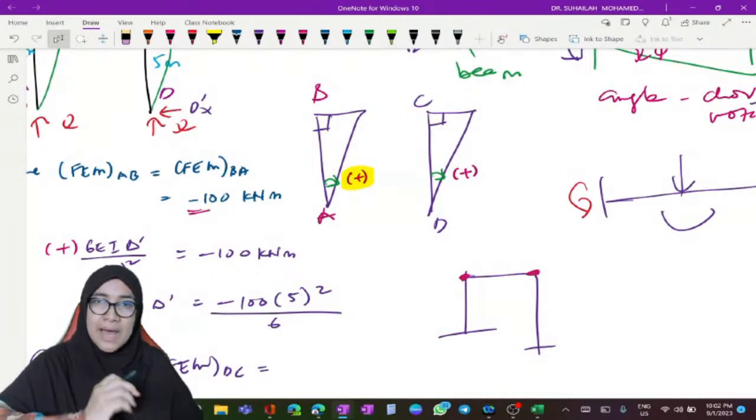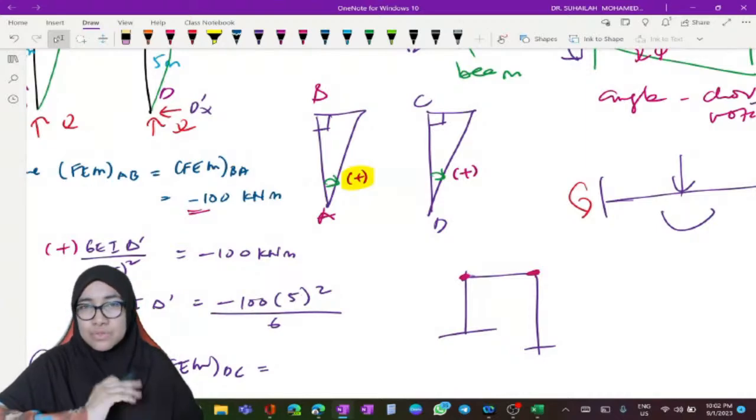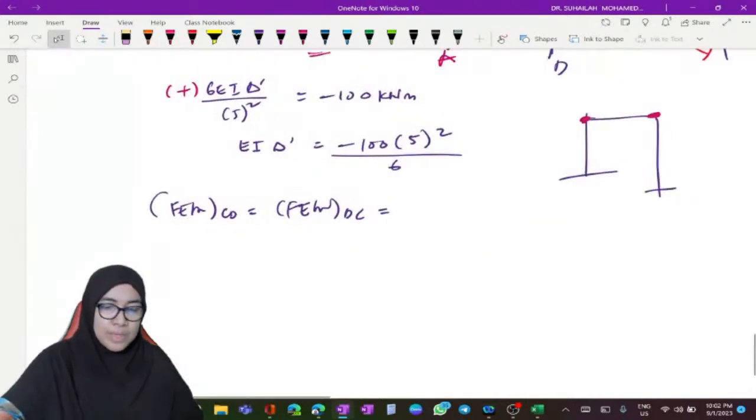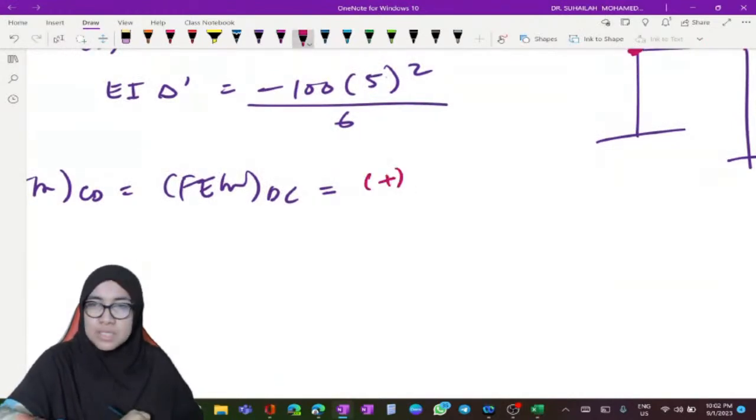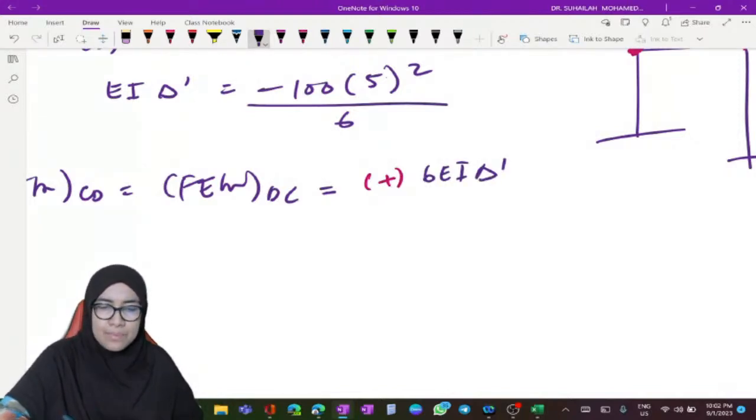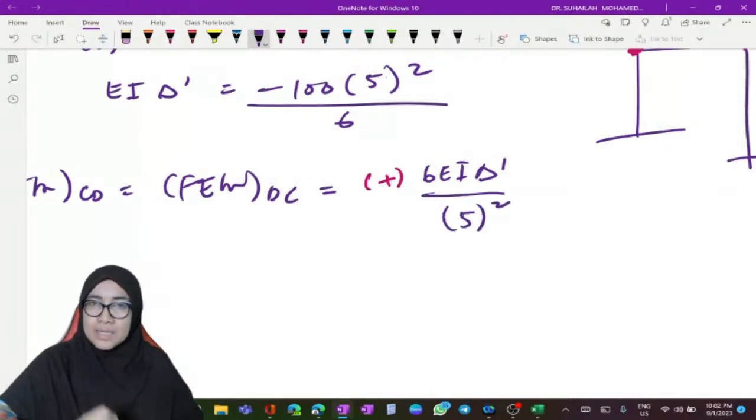In this case, L is also equal, EI is also equal. So the angle is positive, put positive. It is 6EI delta prime over 5 squared. EI is constant, L is constant, delta is also constant.